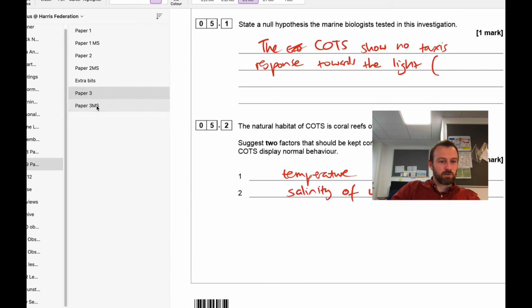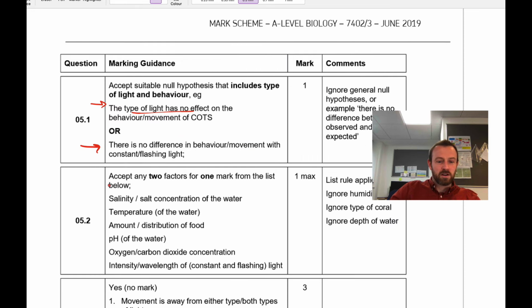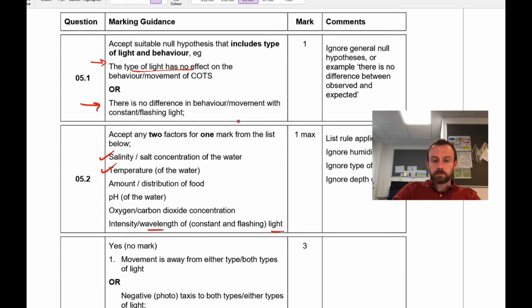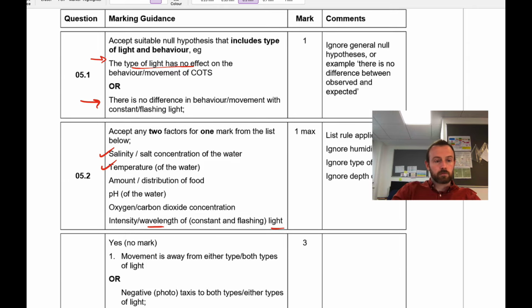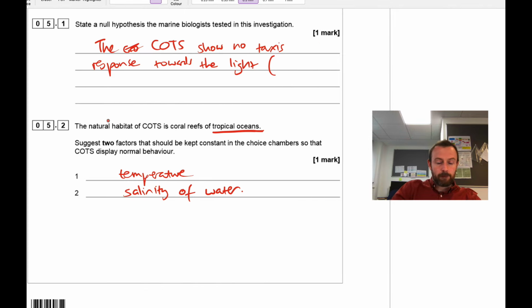That's probably what I would guess. pH of the water possibly could be on there. Okay, salinity and temperature, yeah. Amount of food, pH of the water, oxygen concentration or carbon dioxide concentration of the water, intensity or the wavelength of the light. Okay, let's keep going.